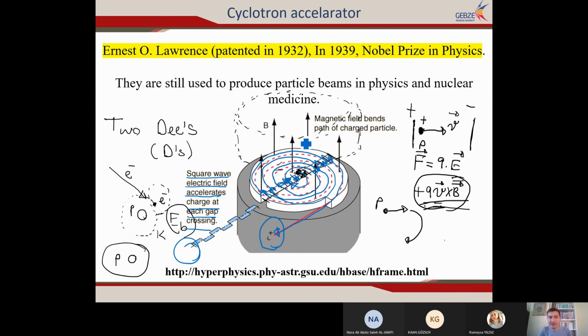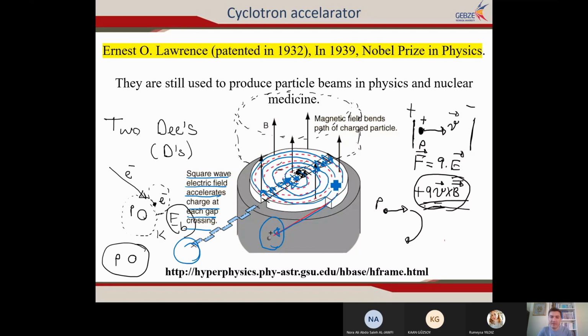If you put an electron here, the mechanism will be the same, but then the electron will be accelerated in the opposite direction, since it will feel the opposite force acting on the electron, okay? As I told you at the beginning of this transparency, within these two Ds, we have vacuum conditions, very nice vacuum conditions.